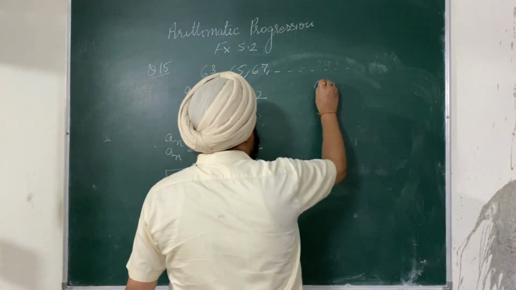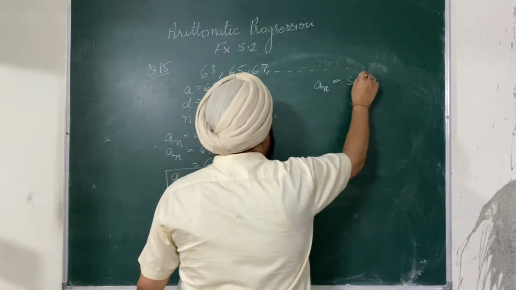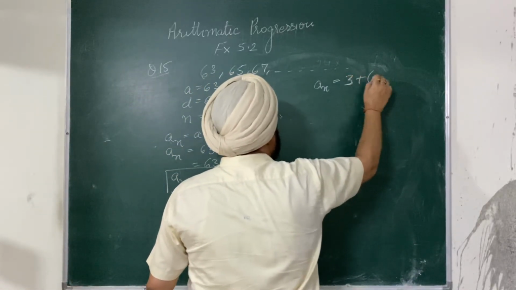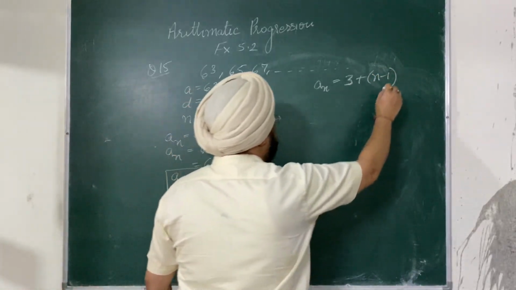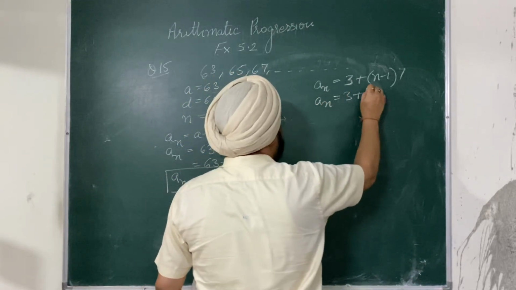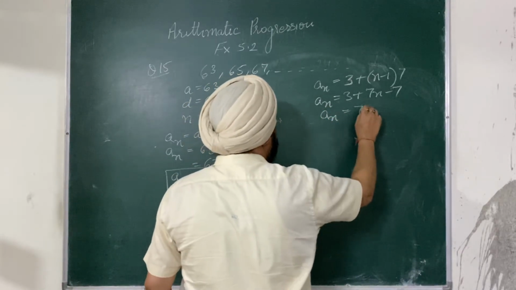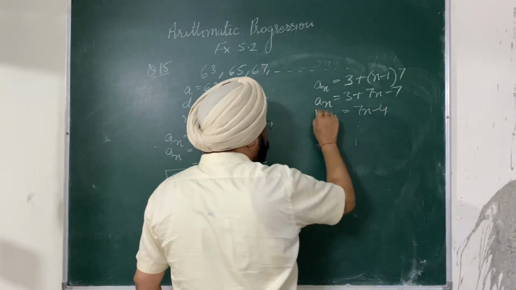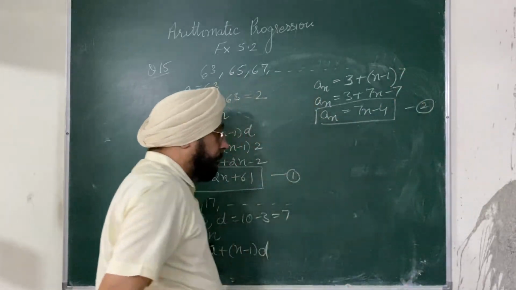So we get an is equal to, so what is a here? This is 3. n remains n and d is equal to 7. So we get an is equal to 3 plus 7n minus 7, or an is equal to 7n minus 4. So this is the nth term of the second AP.